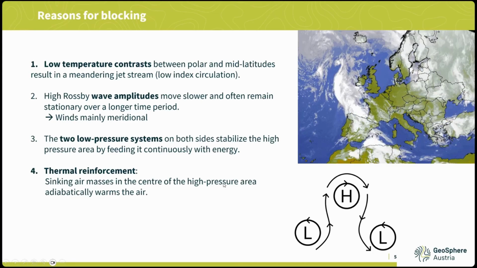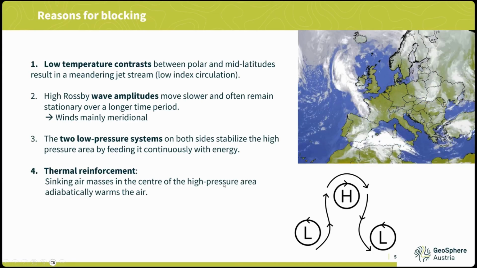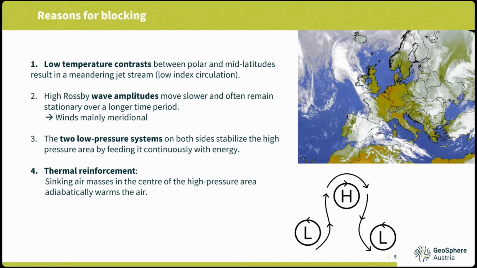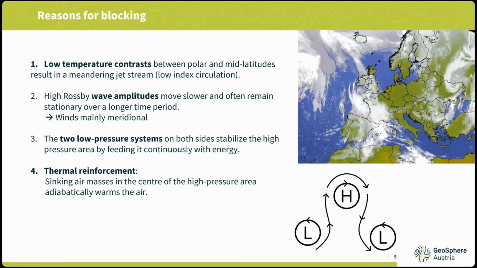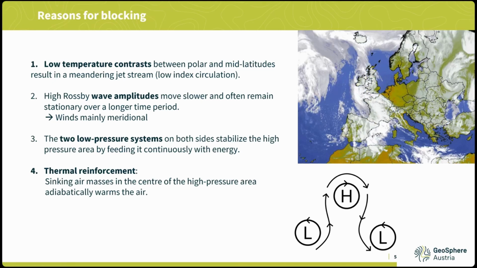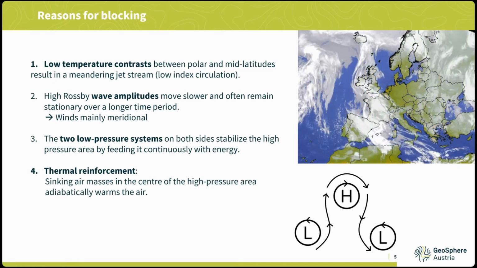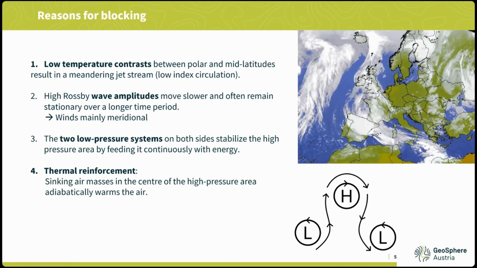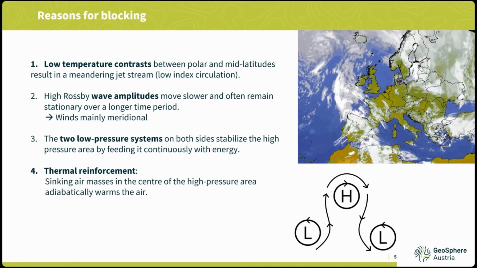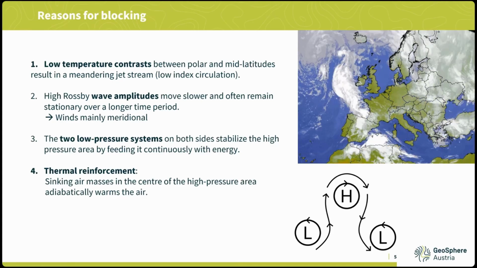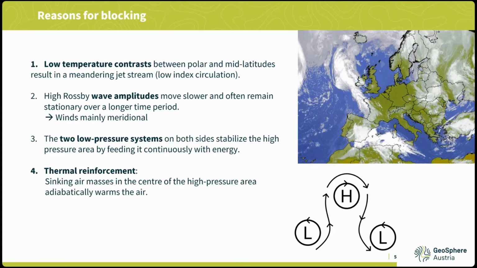And we have a thermal reinforcement. That means sinking air masses heat up the atmosphere from the bottom to the higher area. And if we have such a warm atmosphere, we have higher pressure. So it's a self-sustaining process. The warmer, the more high pressure in all levels, and we get a reinforcement of the high pressure area.